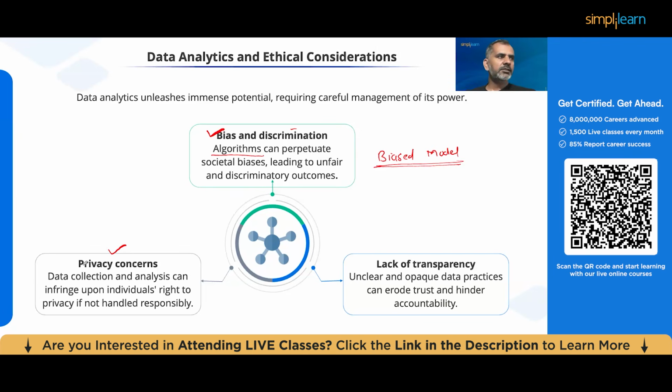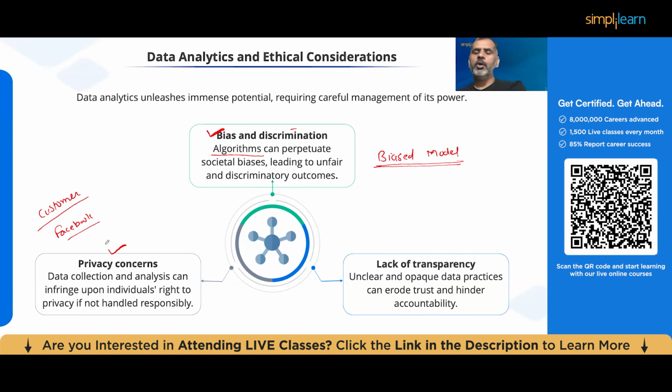Privacy concern is another thing. Data collection and analysis can infringe upon an individual's right to privacy if not handled responsibly, because use cases such as customer segmentation or Facebook friend recommendations require you to collect certain personal information of individuals: the demographic detail, the gender, the age, even political opinion, the interests, the hobbies, and all this information is considered personal information.